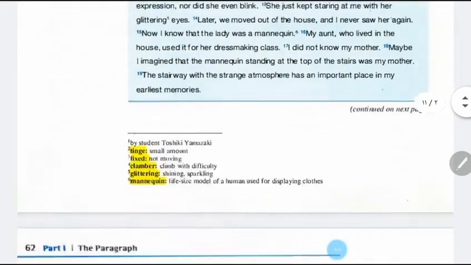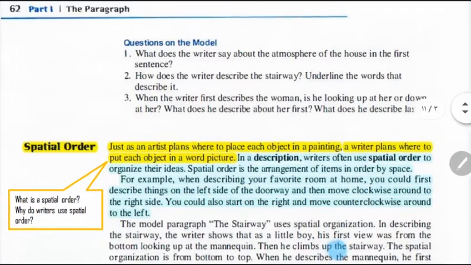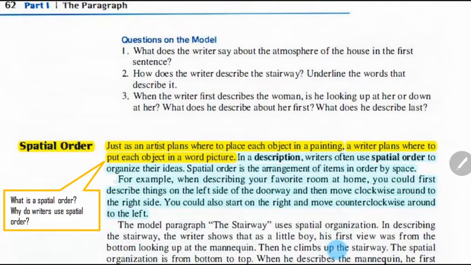Another important thing is the spatial order. Here also you have a question: What is spatial order? Why do writers use spatial order? Just as an artist plans where to put each object in a painting, a writer plans where to put each object in a word picture.